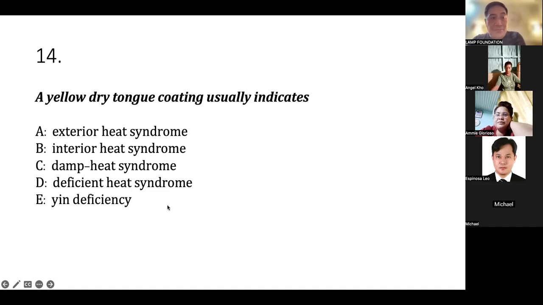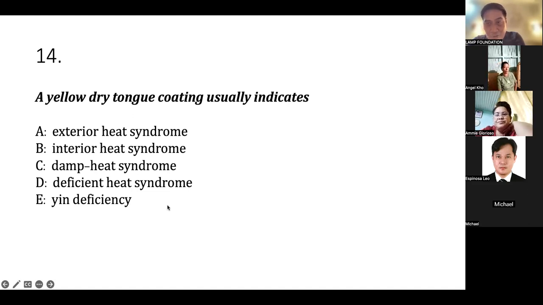Okay, very good. What about damp heat syndrome? Mainit na siya. Red din, Doc. Damp is sticky coating, dahil may sputum na siya. And then what about the heat? Red na yung tongue, di ba?